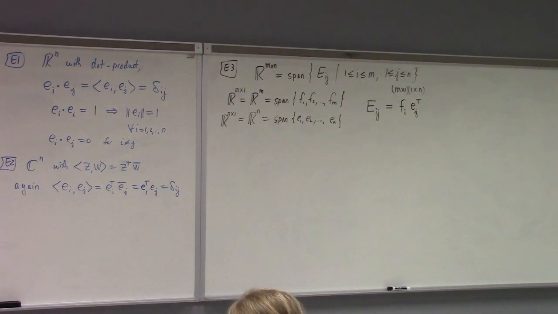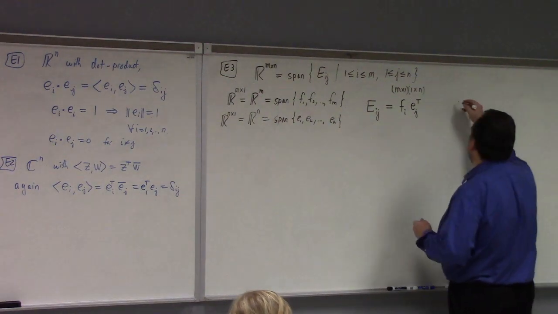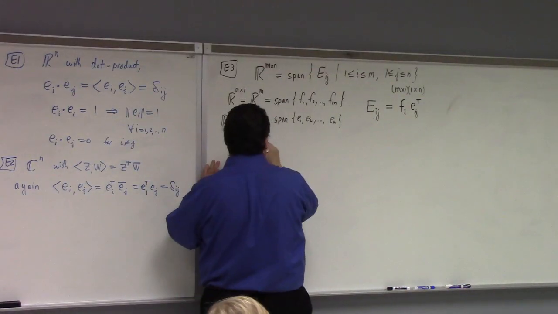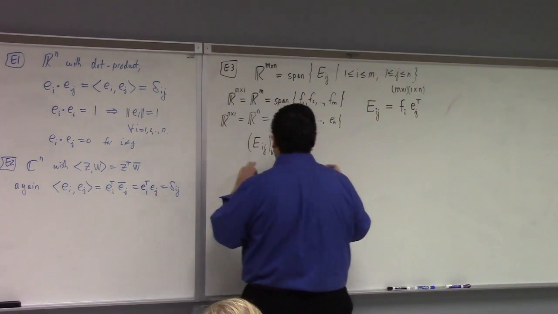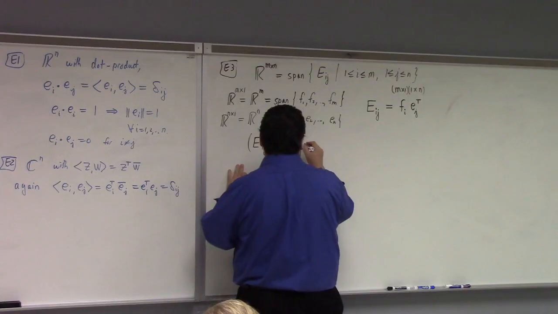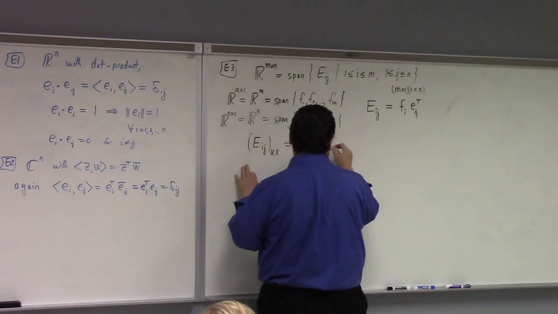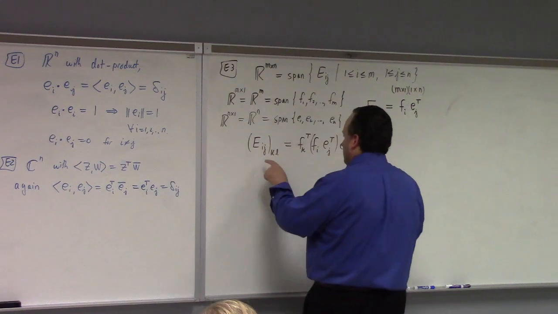So we can check that this makes sense with some calculation. If we calculate E_ij, the kl-th component, that should work out to a certain thing. Let's see if it does. The way to do that is I have to do f_k transpose on one side, then I've got my f_i e_j transpose, and then times e_l.